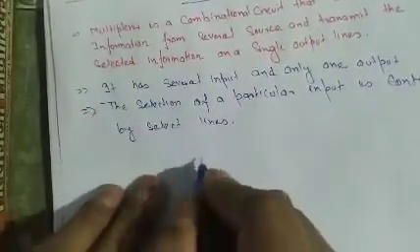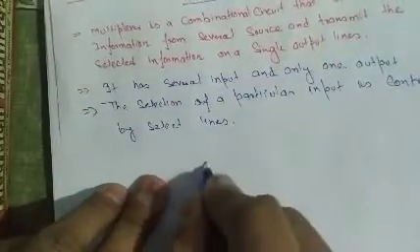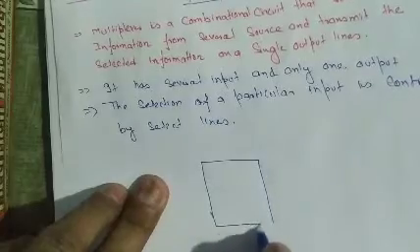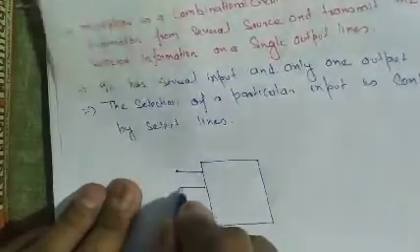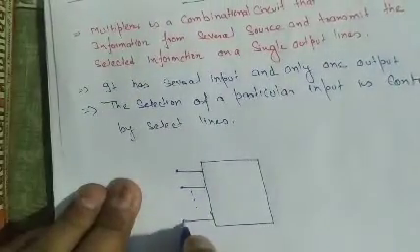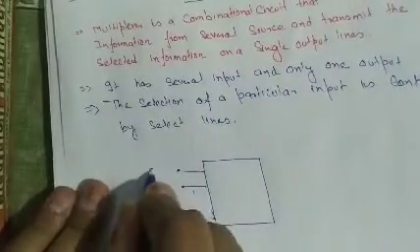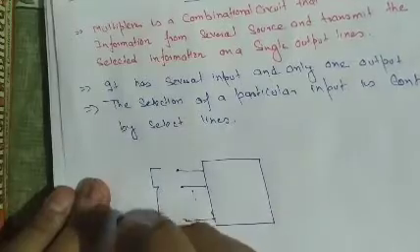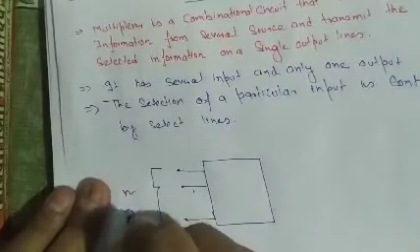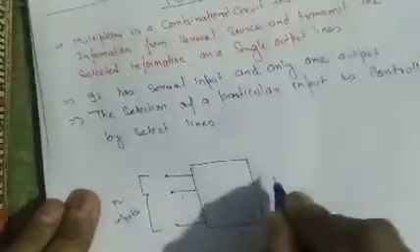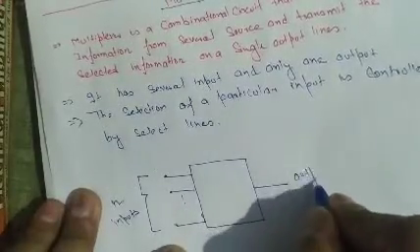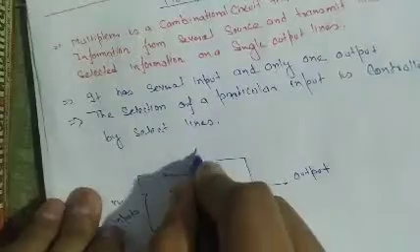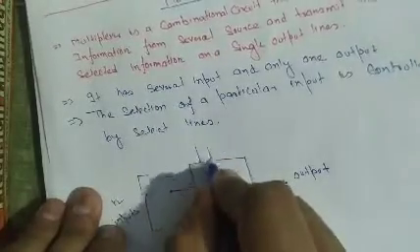So this is the block diagram I am drawing. Suppose this is the input side. Suppose I take n inputs. It has only one output, and it has select lines.